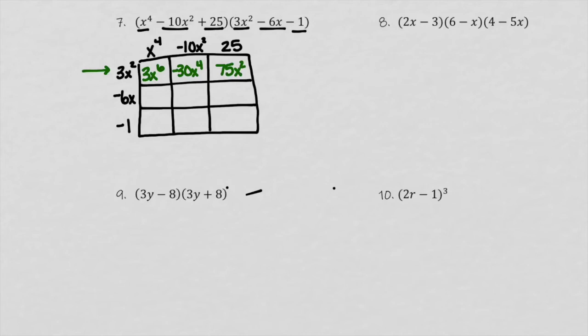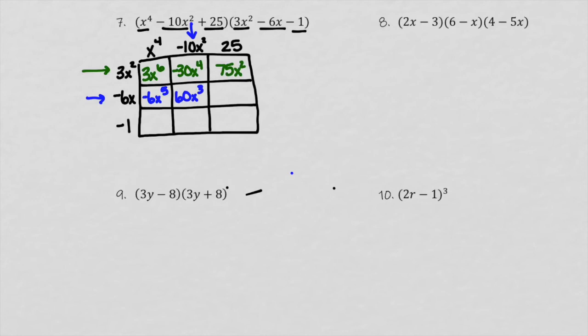All right, now for the second row, I'm going to take negative 6x and multiply it by that trinomial on the top. So negative 6x times x to the fourth is negative 6x to the fifth. Negative 6x times a negative 10x squared will be a 60x cubed.